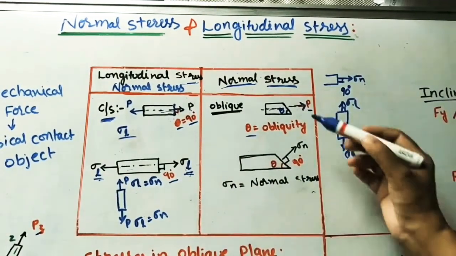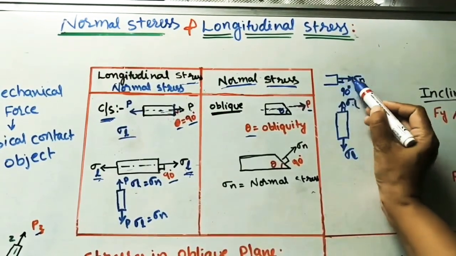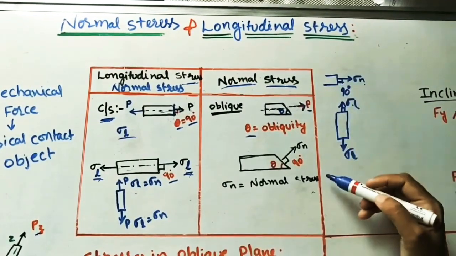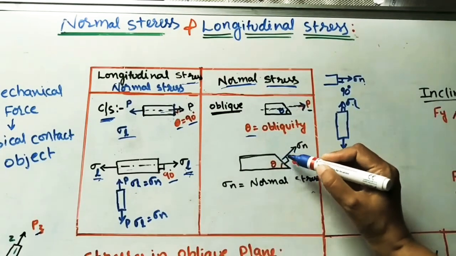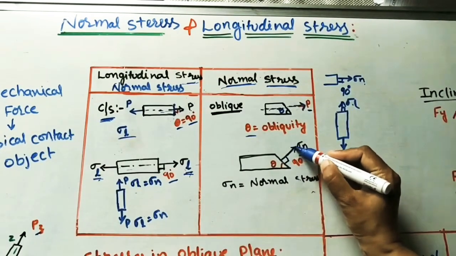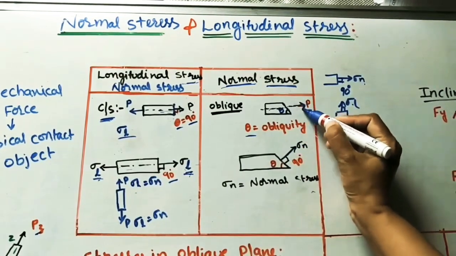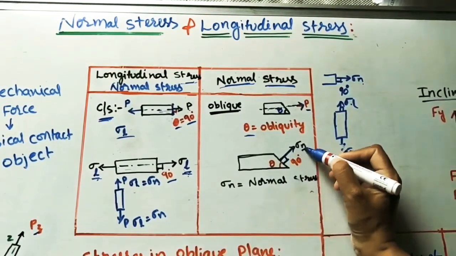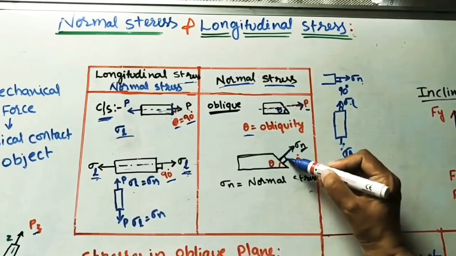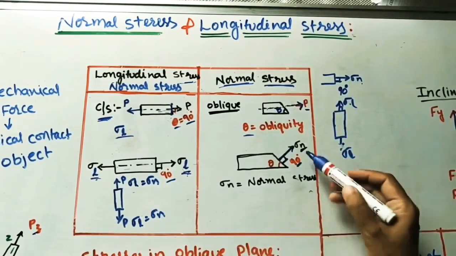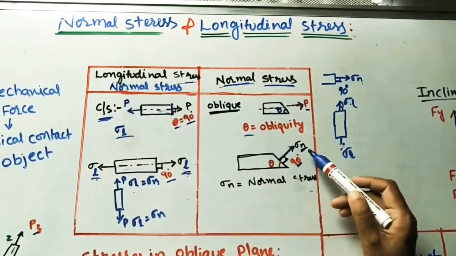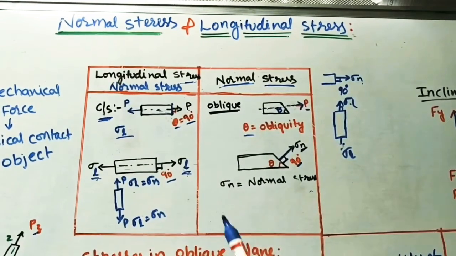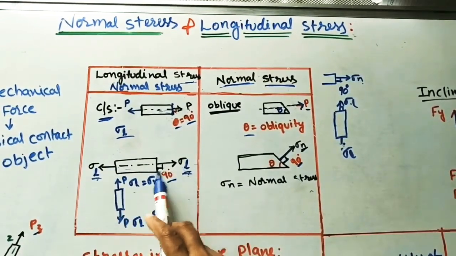Normal stress means the stress that develops perpendicular to the surface. Here, whatever stress develops because of this loading, the one perpendicular to this surface is called normal stress. It is 90 degrees. Is it longitudinal stress? No, it is not, because longitudinal stress is always along the axis.